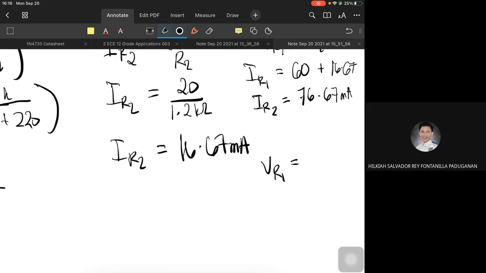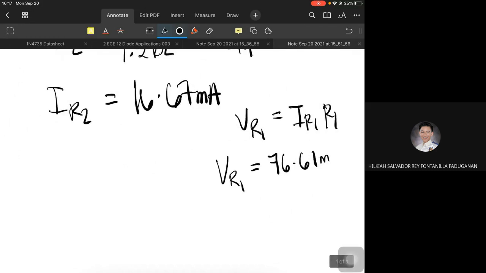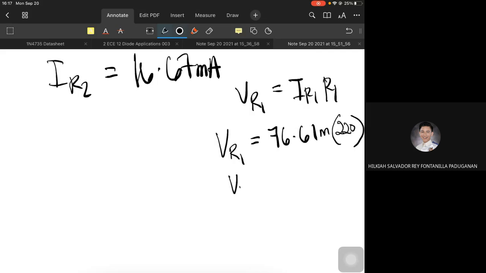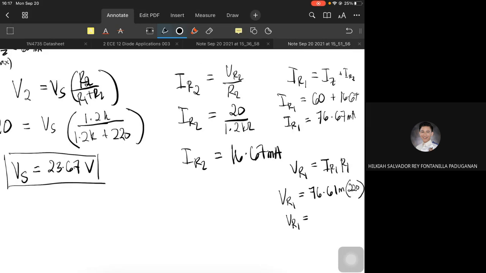VR1 equals IR1 times R1, which is 76.67 milliamperes times 220. Meaning VR1 is equal to 16.87 volts.